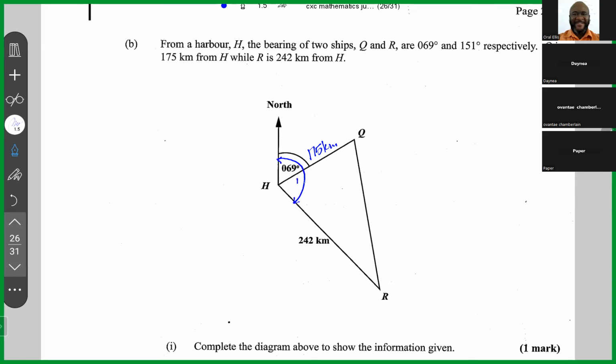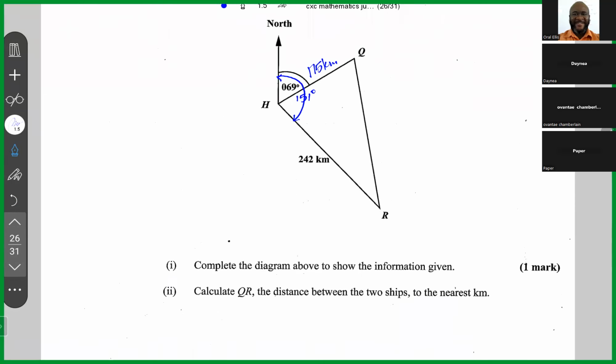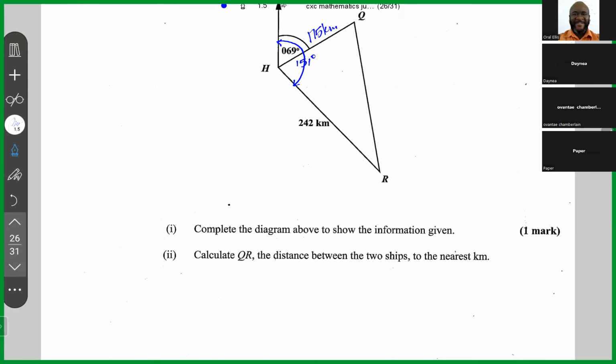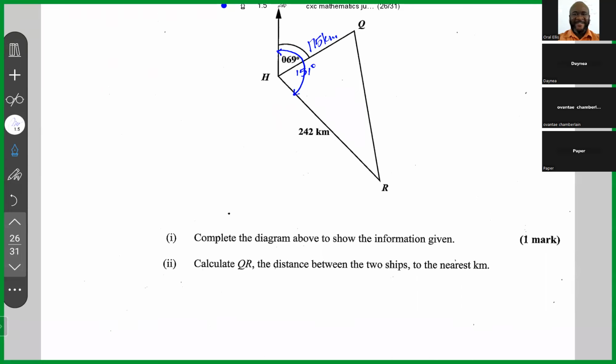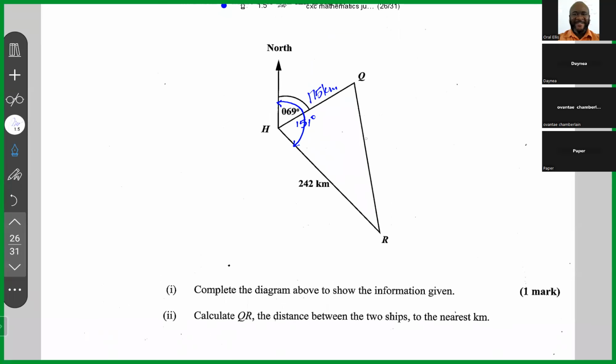So starting from north, around to the line that connects H and R, it's 151 degrees. All right, so we did that already. Then it says calculate the distance between the two ships. The distance between the two ships is QR. Now, to find that distance, I need this internal angle here.